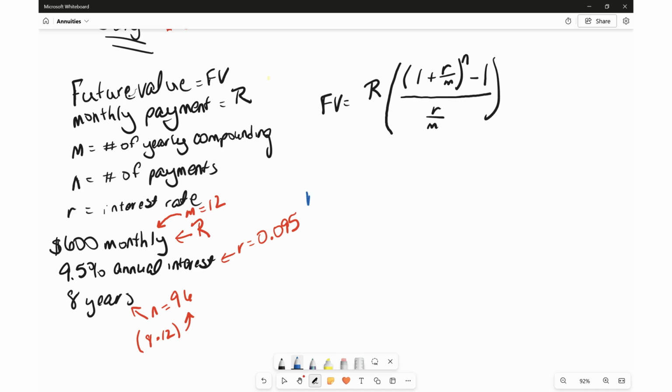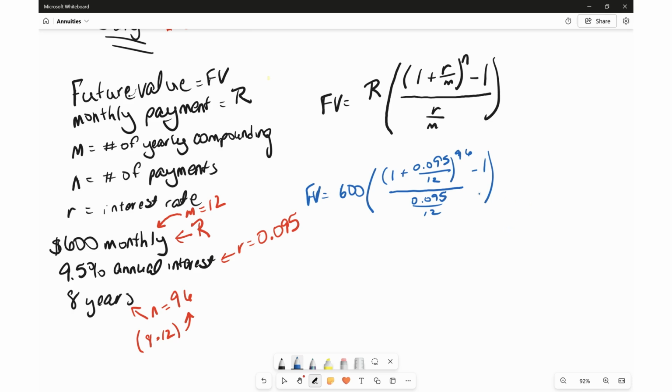So, what is our future value going to be? Well, we're going to have 600 times 1 plus 0.095 divided by 12, raised to the 96th power, minus 1, over 0.095 over 12.